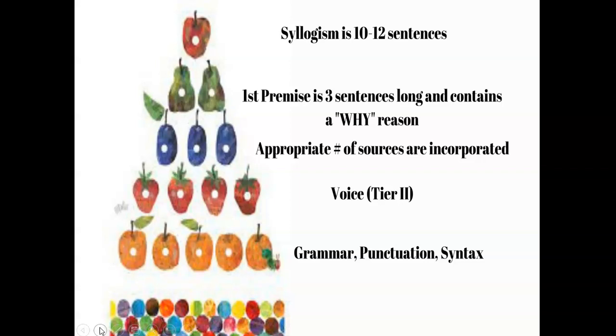They say nothing, right? So an apple for that. First premise is 3 sentences long and contains a why reason. Will be with the pairs. Appropriate number of sources are incorporated. I still want to look at voice, tier 2, grammar, punctuation, syntax. So you can fix the variables in here any way you want.